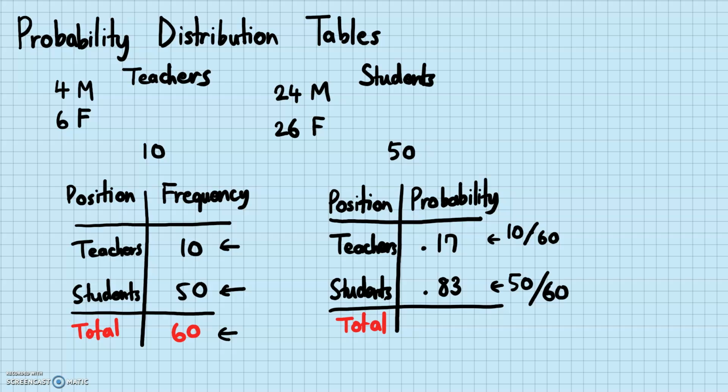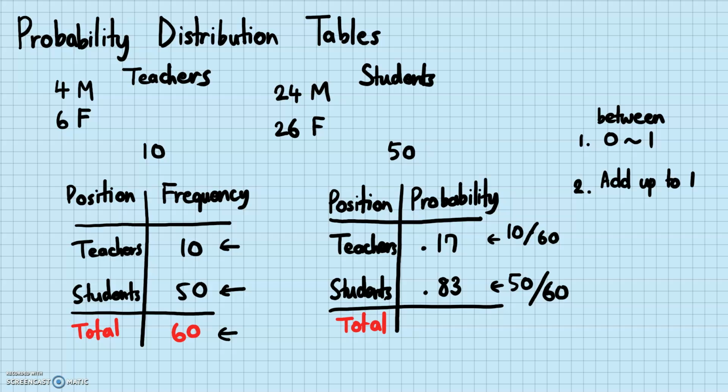And you can check the probabilities. Remember, for probability, 2 things need to be true. One is that it has to be between 0 and 1. So if you get a negative number, or a number bigger than 1, it means you did something wrong. Another thing is they have to add up to 1.